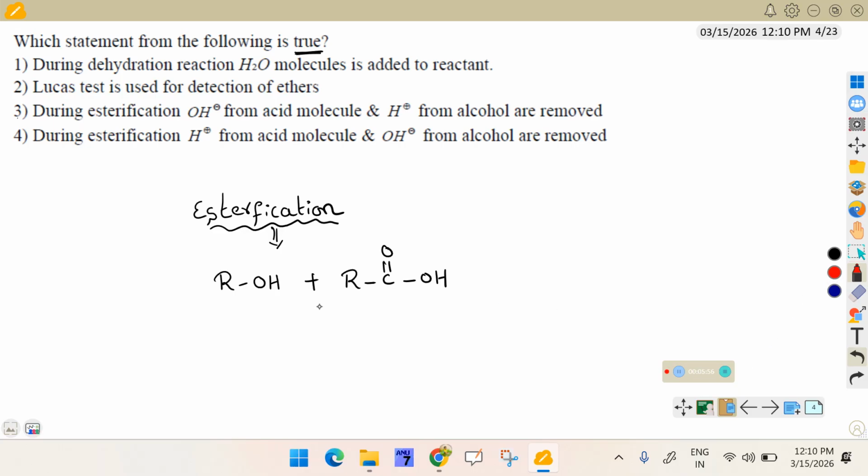In the esterification process, remove H plus from alcohol and OH minus from carboxylic acid. Then it gives RCOOR, the ester. Which is true during esterification? OH minus from the acid molecule and H plus from the alcohol molecule are removed. So the correct option is the third option.